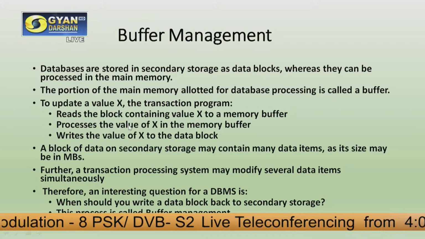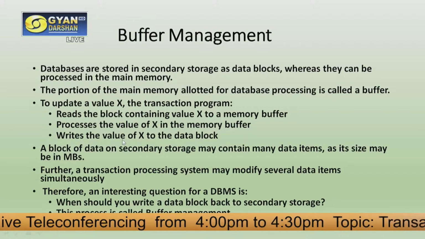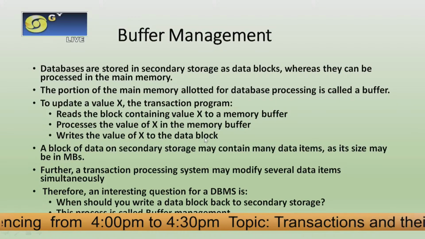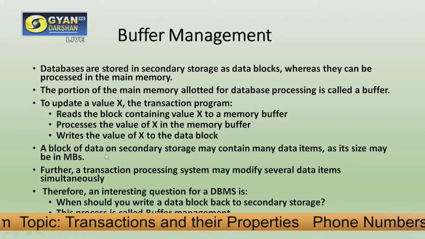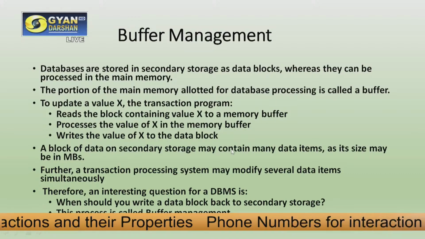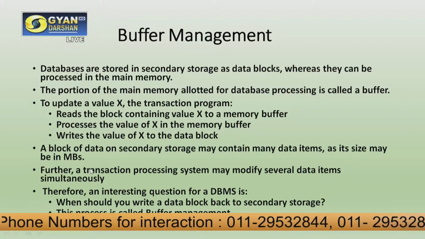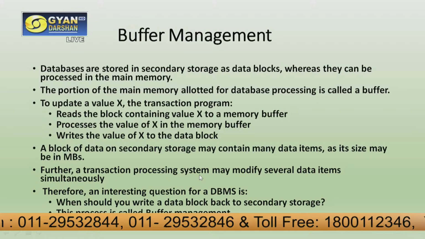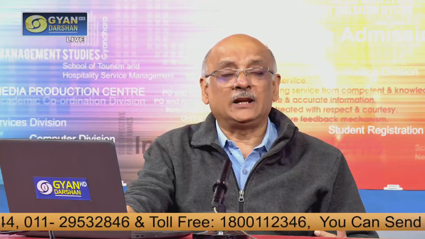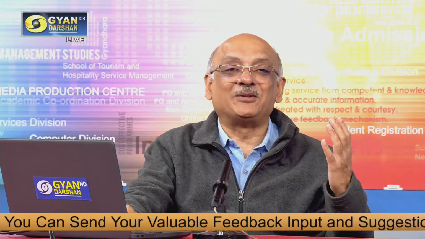Then the processing of the value of X in the main memory buffer is going to take place, and then the value of X is written to the data block once the transaction commits. Okay, so a block of data on secondary storage may contain many data items as its size may be in megabytes. Further, a transaction processing system may modify several data items simultaneously. Okay, so for example, in a banking situation, multiple transactions may be going on simultaneously.